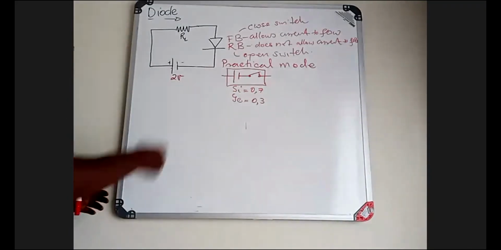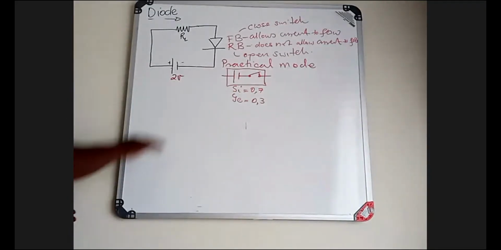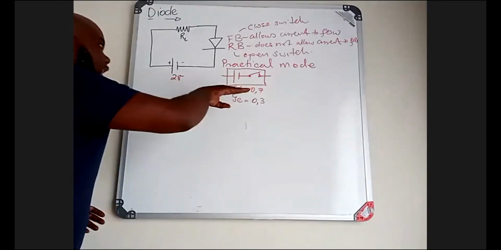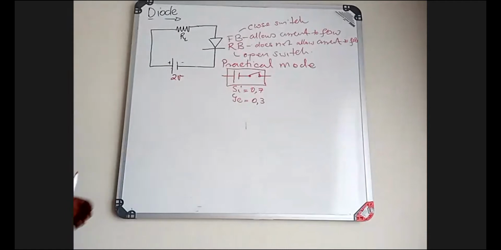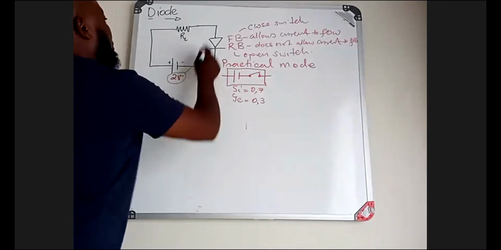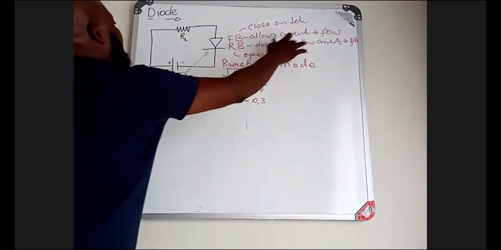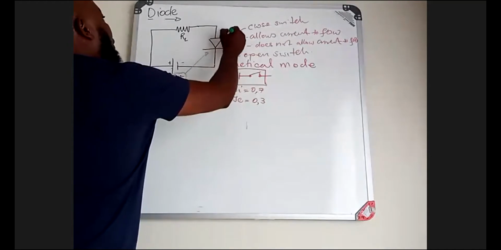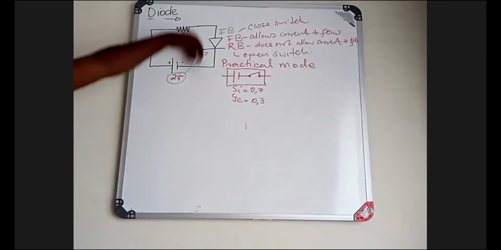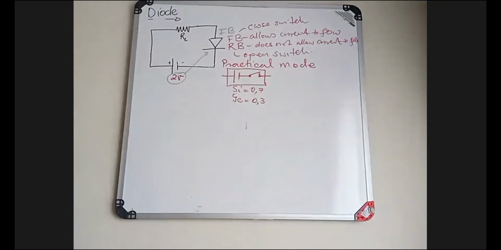If the energizer is greater than the switching, it is going to allow current to flow through. And if it allows current to flow through, this component moves from a reverse bias mode into a forward bias mode. Once that component goes into a forward bias mode, it is functioning properly.